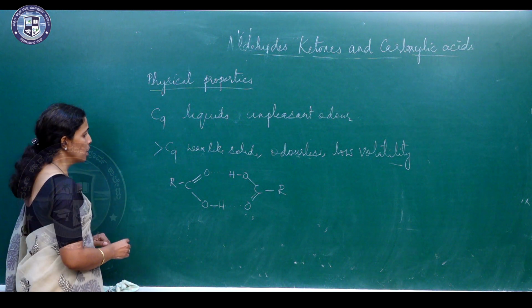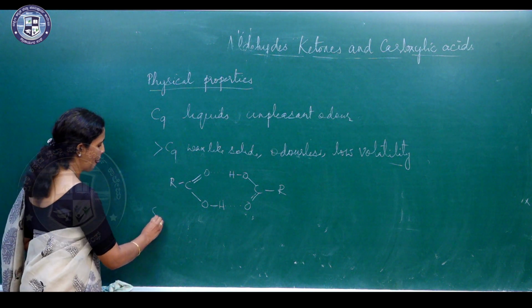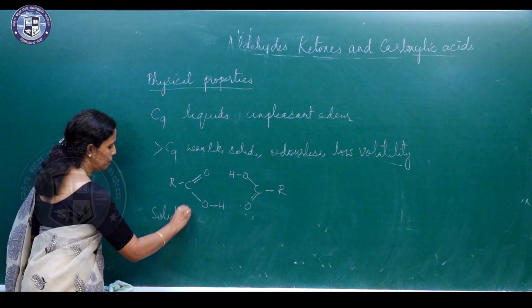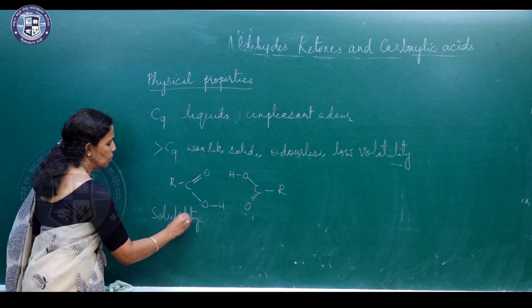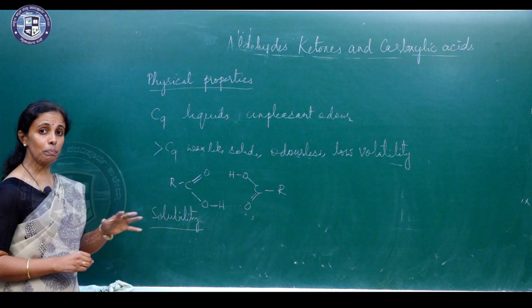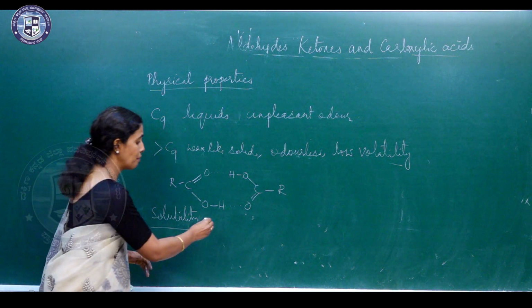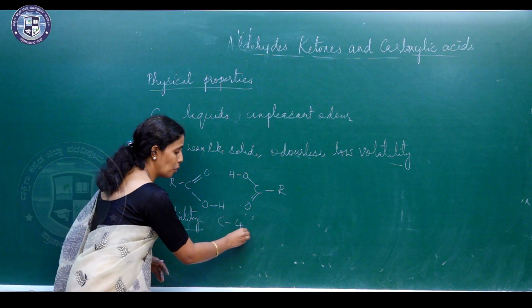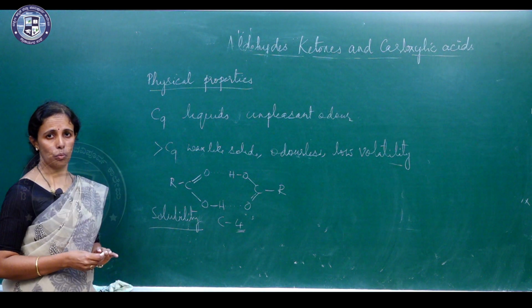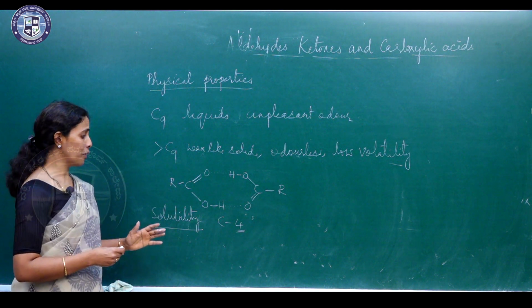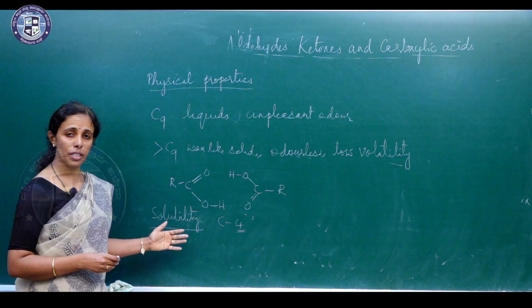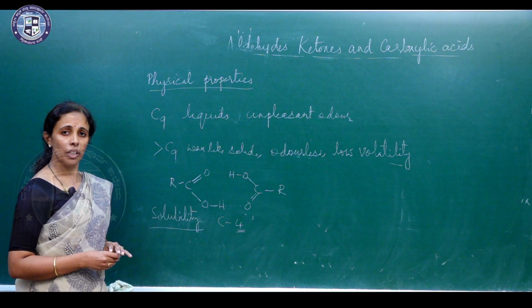And then coming to the solubility. Simple carboxylic acids having carbon atoms up to 4 are soluble in water. But when the number of carbon atoms increases, the solubility decreases.